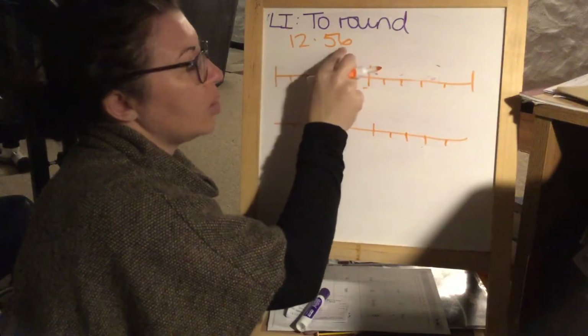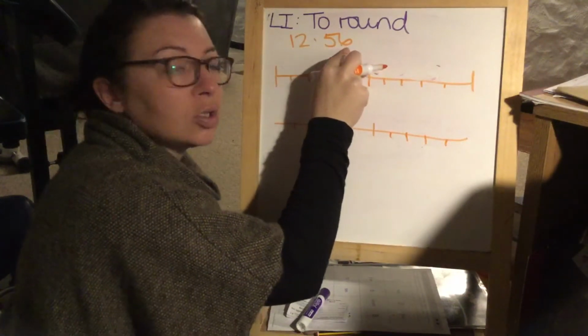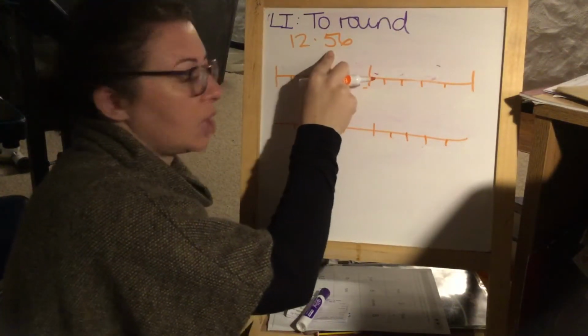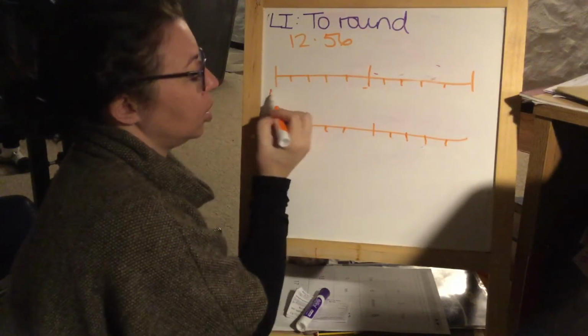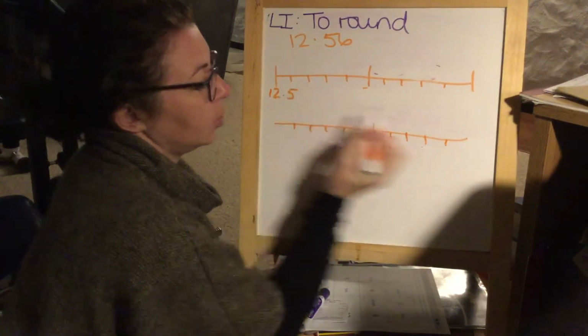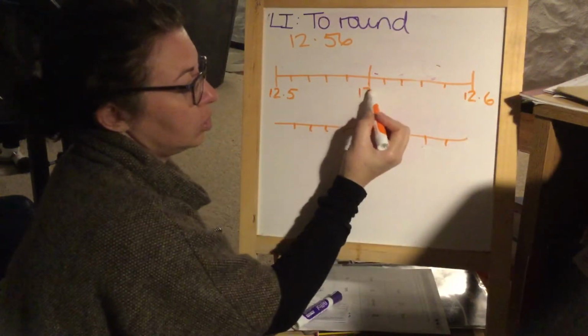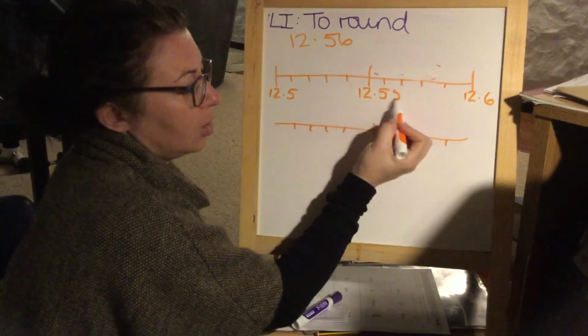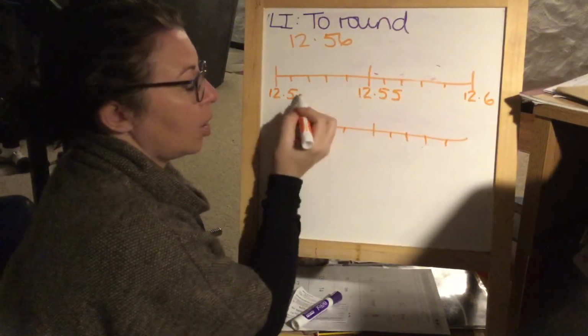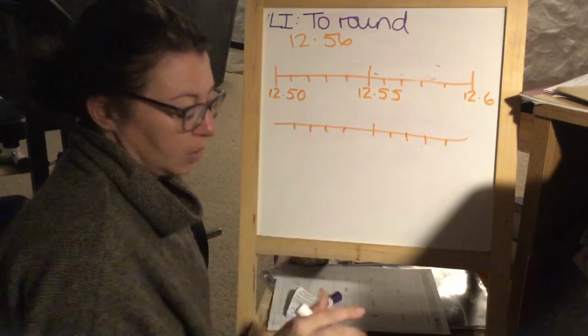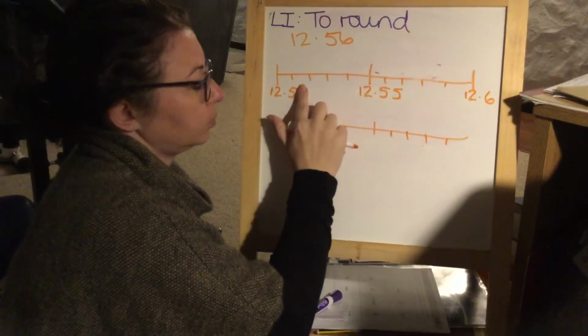That means you are rounding this one, your hundredths column, up or down to your tenths column. On your number line, you'll have 12.5 and 12.6, and in the middle, you will have 12.55. Because remember, 5 is the same as 50, okay? We just don't put the 0.